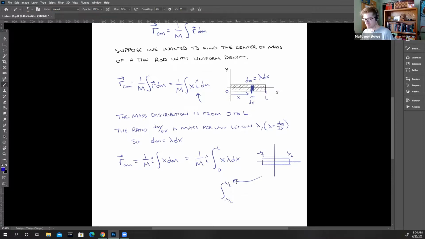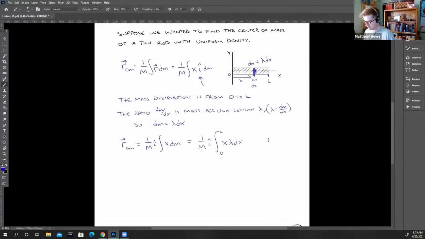If we were to do this, maybe you know already, this integral would collapse to 0 because it's even on both sides. It's just going to subtract itself. So that's why I didn't arrange the origin in the center of the rod itself. Maybe that clarifies that. So that was a little side note.